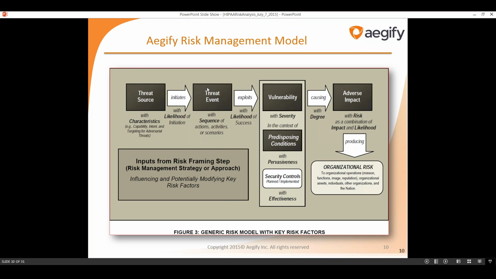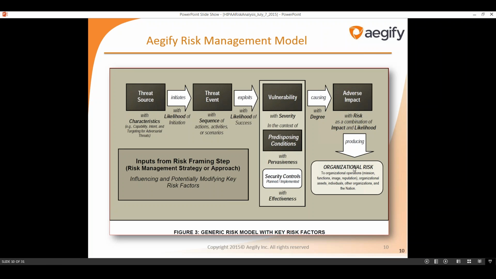These threat sources use a set of actions or events to exploit weaknesses in the system and thereby cause adverse damage by compromising your critical assets. The chances of that happening and the impact are captured in the impact and likelihood variables here.